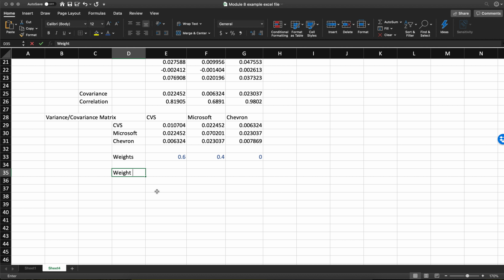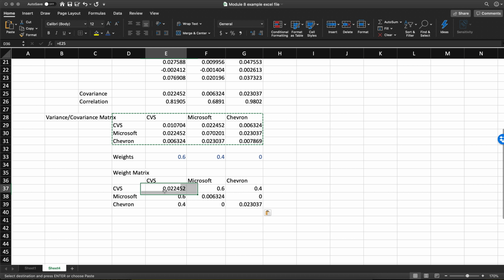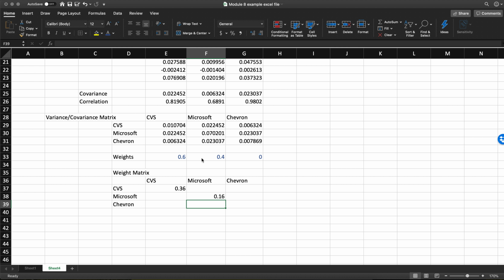Okay, so now we do a weight matrix. And we are basically going to do almost the same thing, except the weight here is just going to be 0.6 times 0.6. The weight here is going to be 0.4 times 0.4. And the weight here is 0, but we're going to go ahead and fill it in so that we have it.